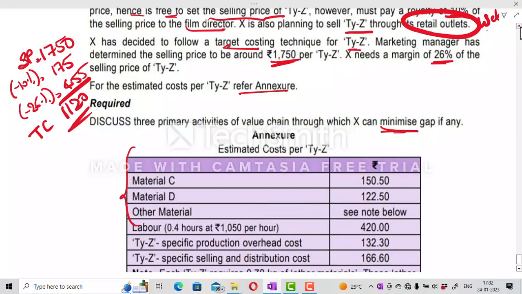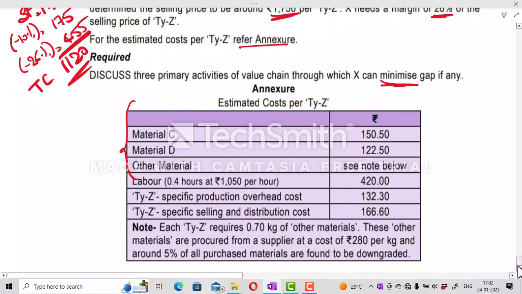Okay, but let's see the sum of all these costs, how much it will be. Material C 150.5, we need to add that. Material D 112.5, labor 420, add this also. Production overhead, add this, and selling and distribution cost, add this.